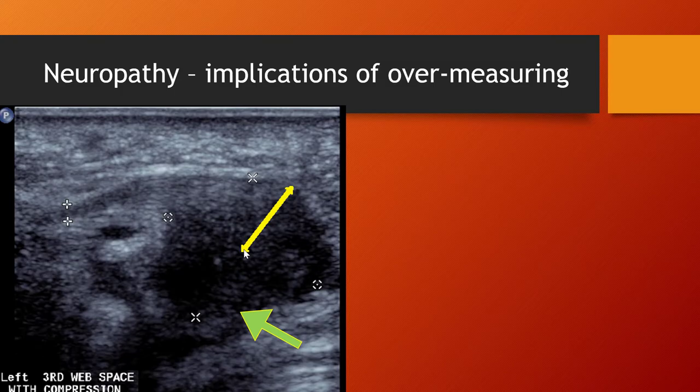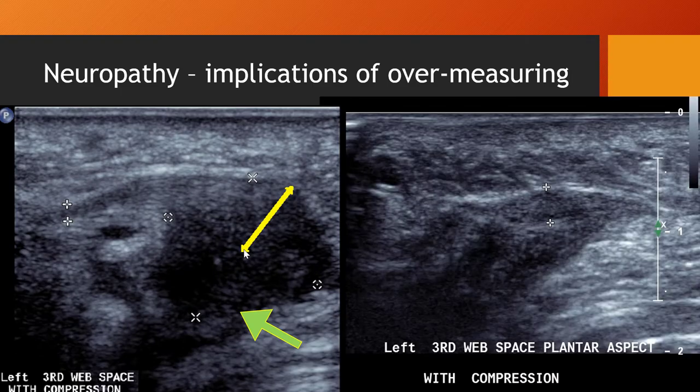But with a better technique on this same patient, the epineurium is defined and we can see that it's actually not over 5 millimeters. So you only want to include the portion that has a fibrillary pattern, because that's the nerve fascicles. Treatment when it's under 5 millimeters may be two attempts of HCLA to settle the inflammation, and afterward maybe a radiofrequency ablation of the nerve.